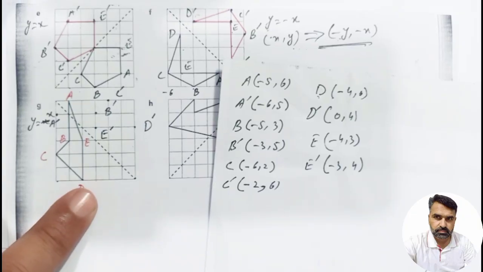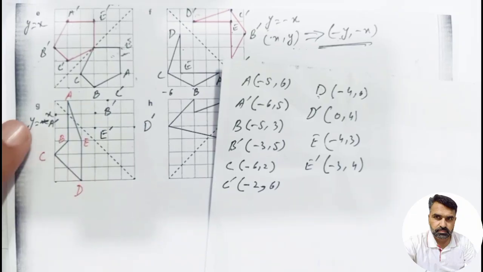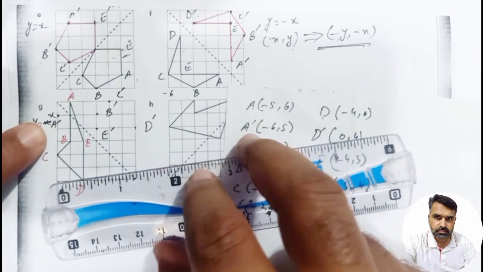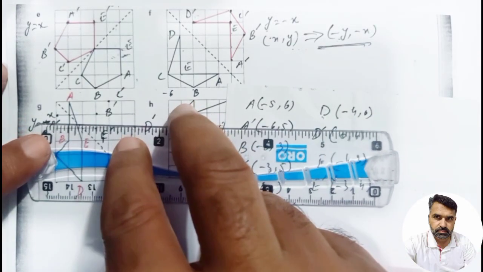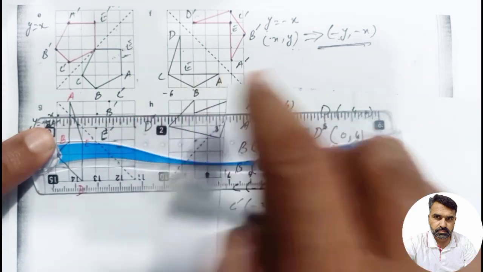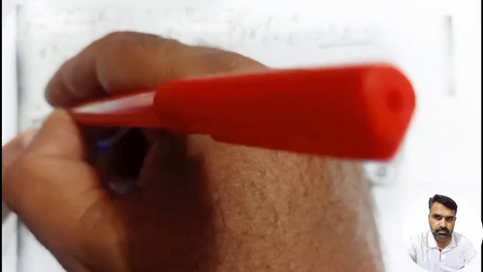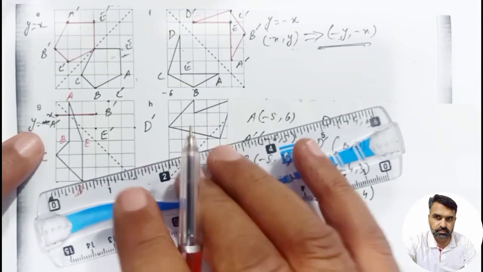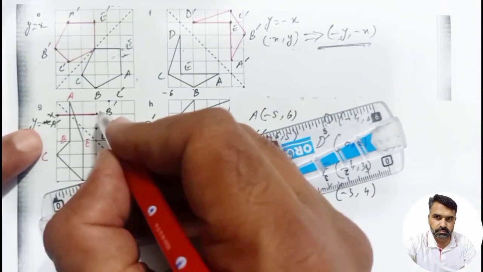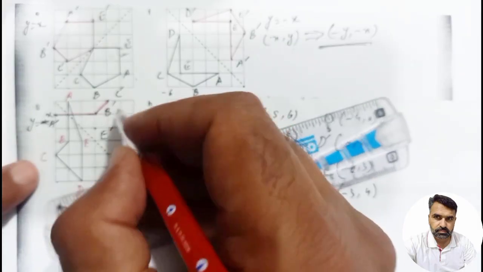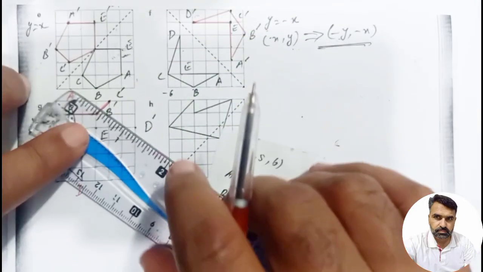Now students, we will join A prime to B prime. So students, this is A prime to B prime. And then B prime to C prime in this way, and then students, C prime to D prime.